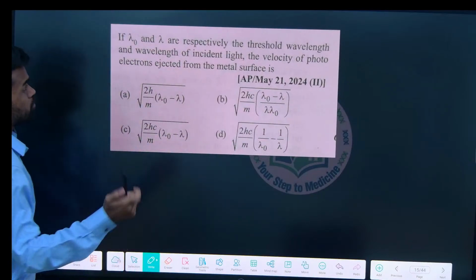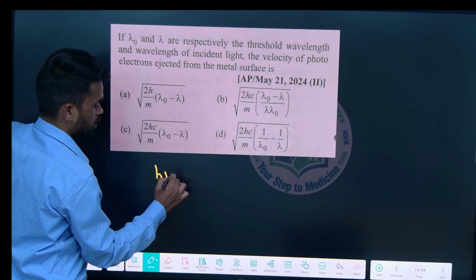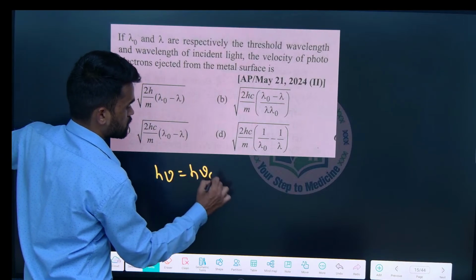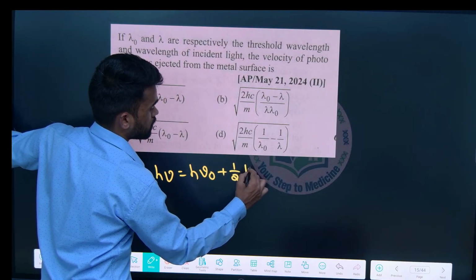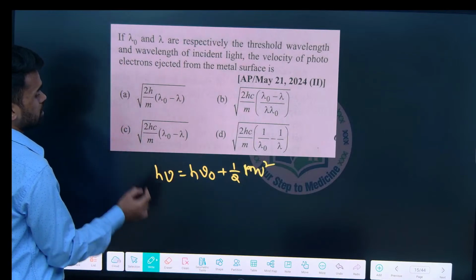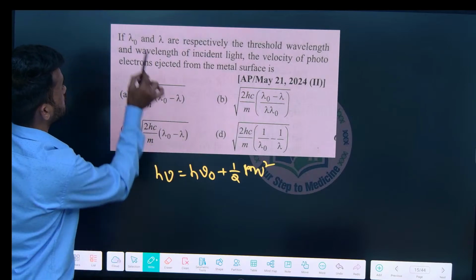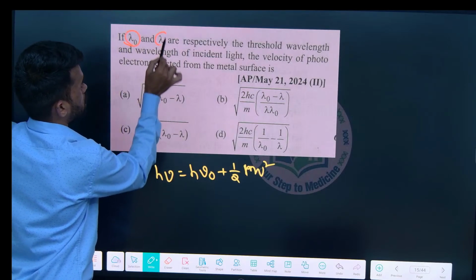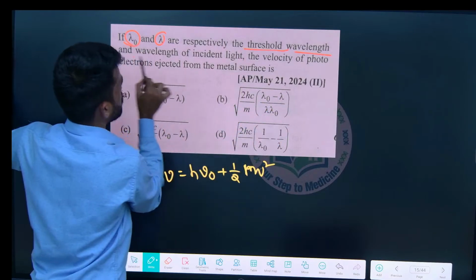So what is the formula we discussed just now? hc by lambda, h nu we discussed. h nu equals h nu naught plus half mv square, where half mv square is the kinetic energy. Now what they are saying: for frequency we should write c by lambda. Lambda naught and lambda are the threshold wavelength and wavelength of incident light respectively.